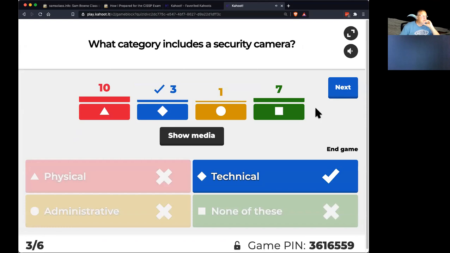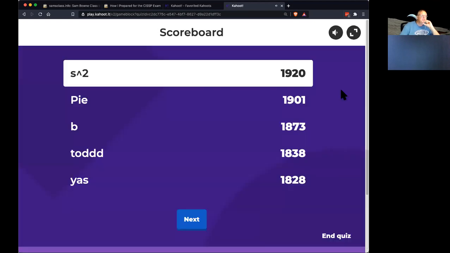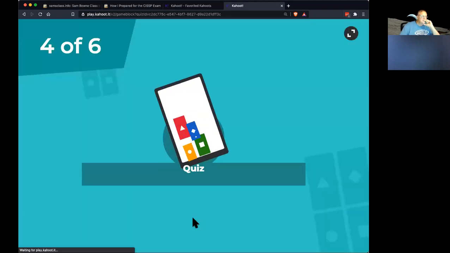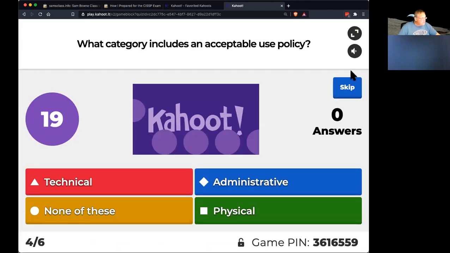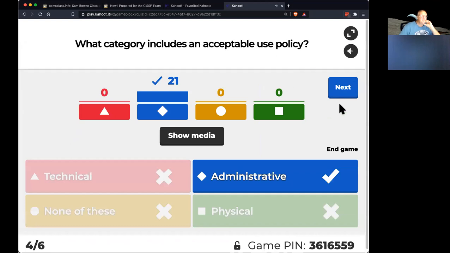Technical detective control. It's technology to detect something. All right. An acceptable use policy. That's administrative.